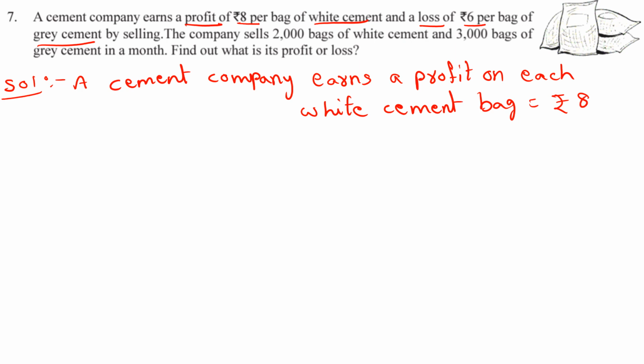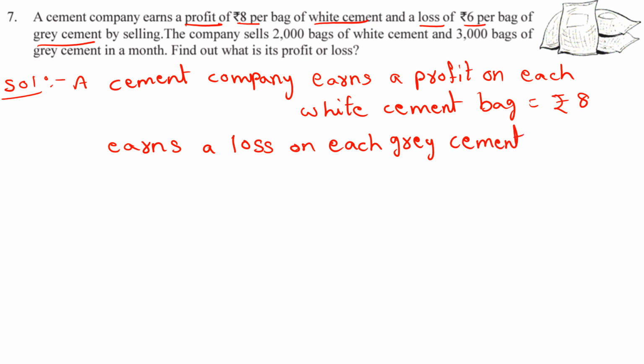That is positive. Now a cement company earns a loss on each grey cement bag equal to 6 rupees. That is negative. Understand? So we denote it as minus 6.